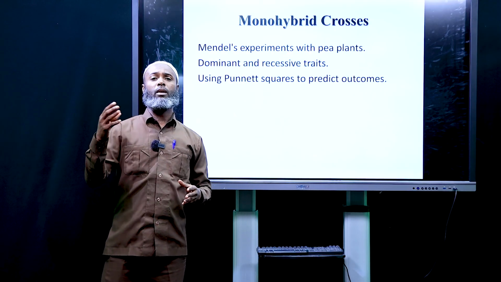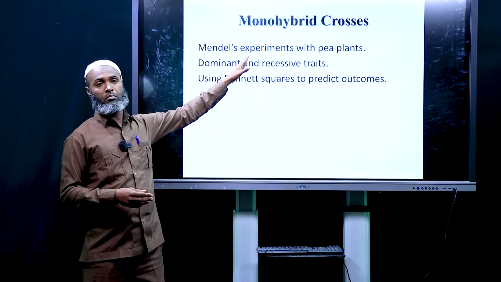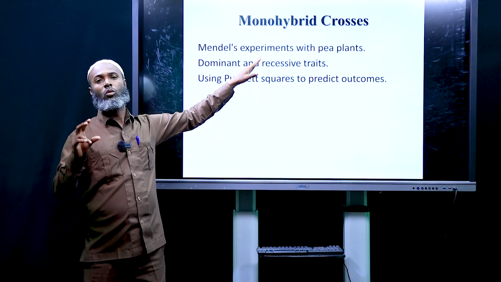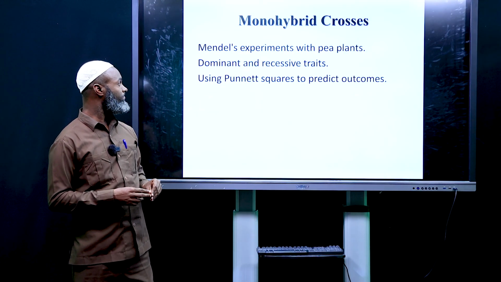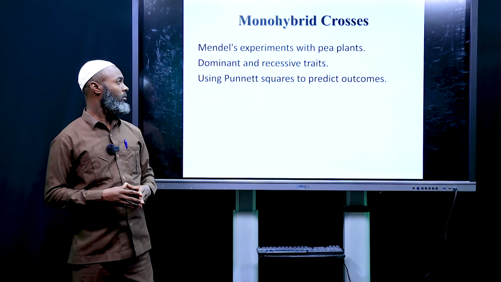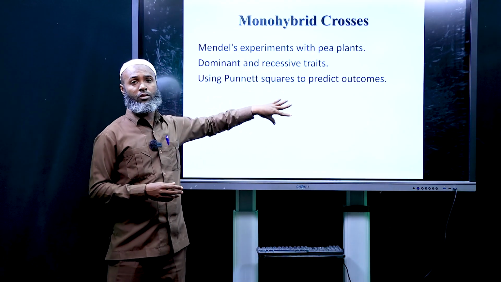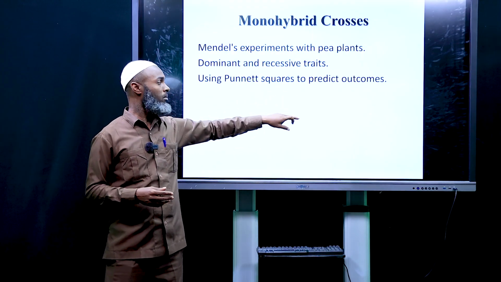You remember Mendel's experiment? In the pea plant, he had taken only one trait. This could be either a dominant or recessive trait. And Mendel used a Punnett square to predict the outcome.